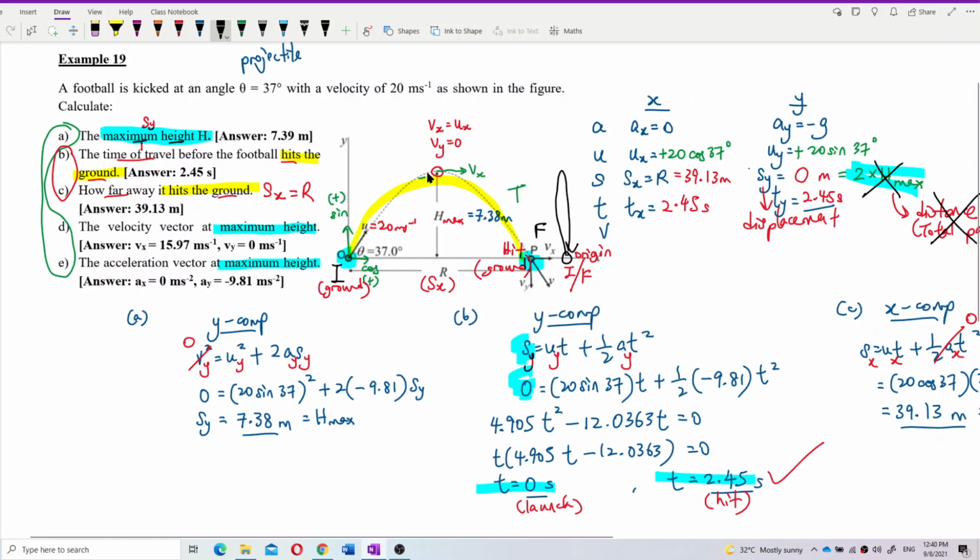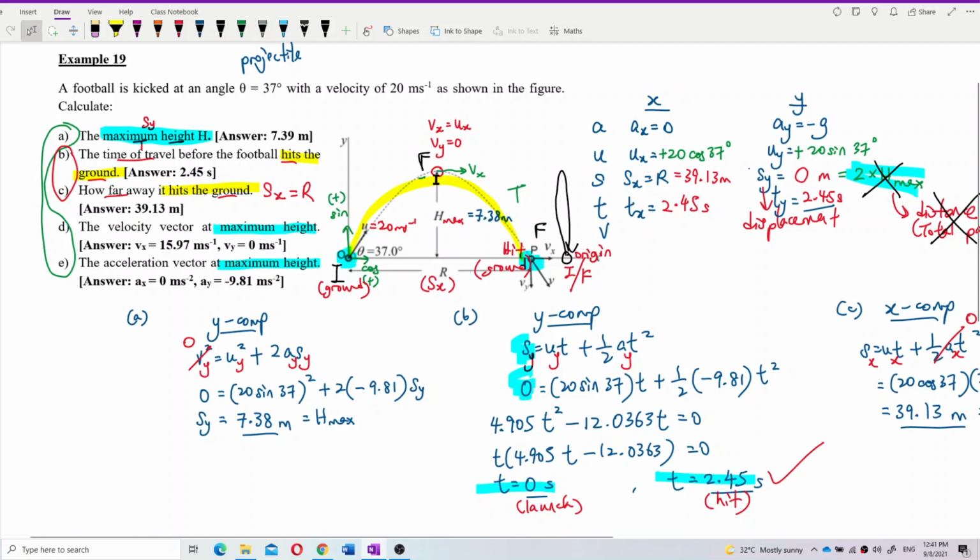That means the final point is over here, at the maximum height. So you cannot use this information anymore. The question doesn't ask us to find the velocity when hit the ground. For question D and E, it asks us to find the velocity at maximum height. So it follows the condition of A, it doesn't follow the condition of B and C. I hope you noticed that.